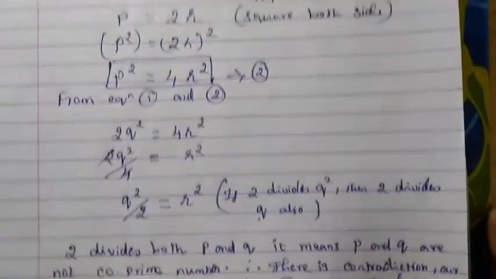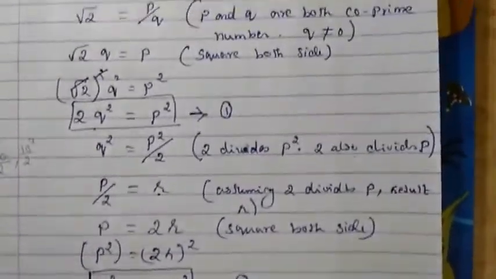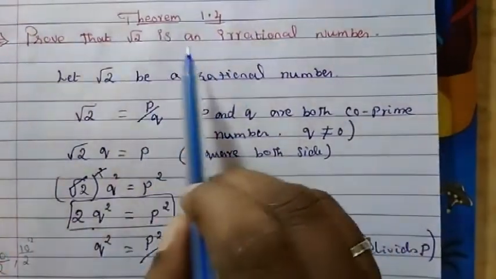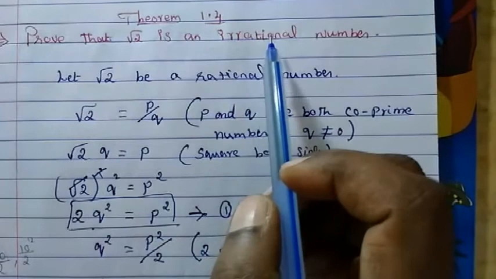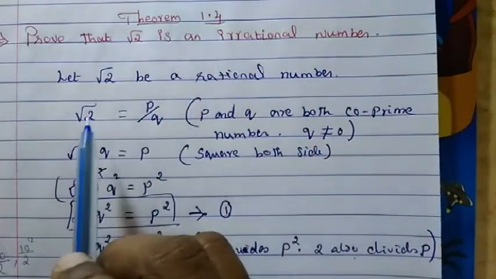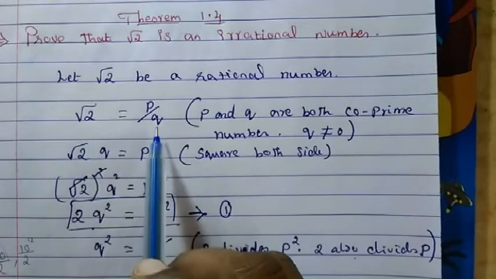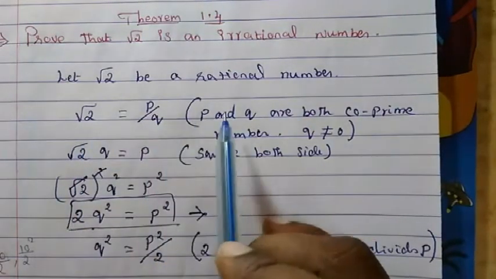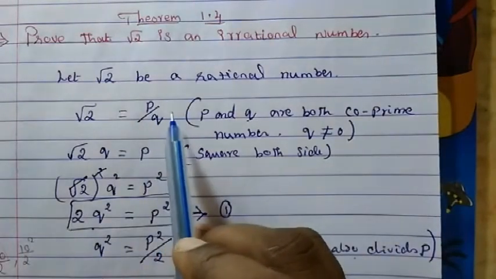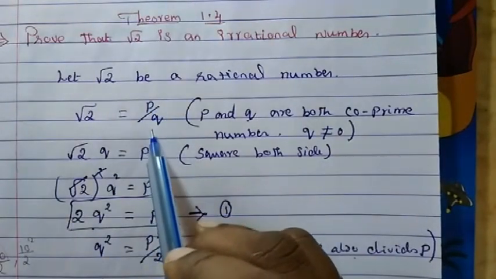Let me explain the summary of it, because it's a very important theorem. We have to prove that root 2 is an irrational number, but we take root 2 as a rational number. If it is a rational number, it can be written in P upon Q form, and here P and Q are co-prime, meaning they cannot have any common factor.